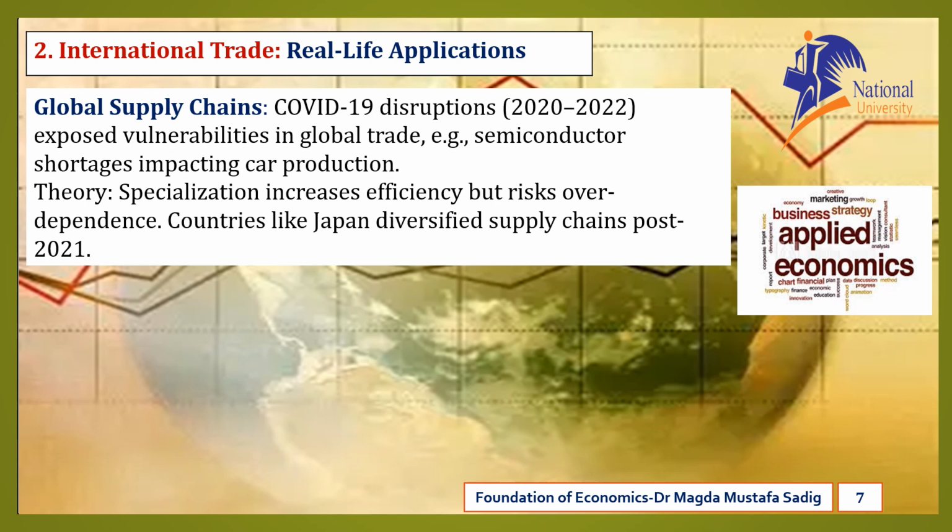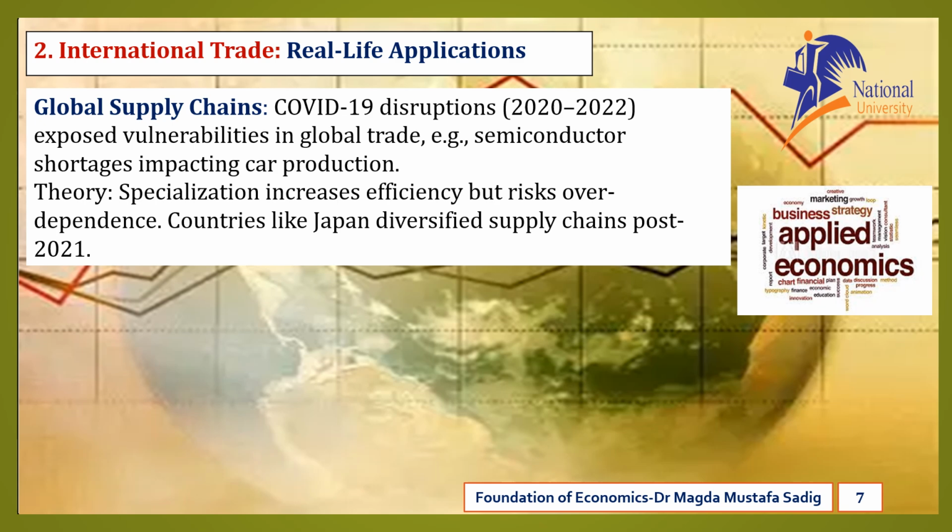Global supply chains, COVID-19 disruptions. Another powerful example of how international trade plays out in the real world is the disruption of global supply chains during the COVID-19 pandemic between 2020 and 2022.